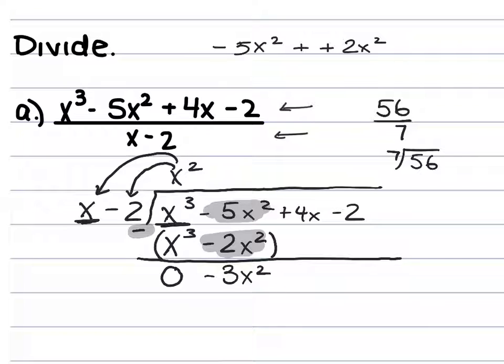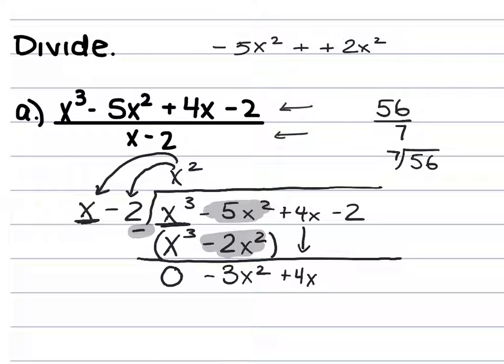Okay, remember we got to this step, and then what was our next step after that? Bring down the rest. So in division, we bring down next. We're going to bring this down. Do you also bring down the minus 2? Not yet.